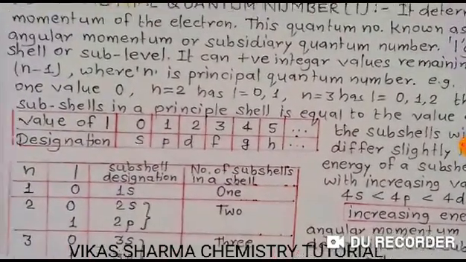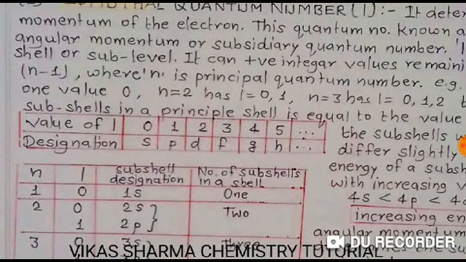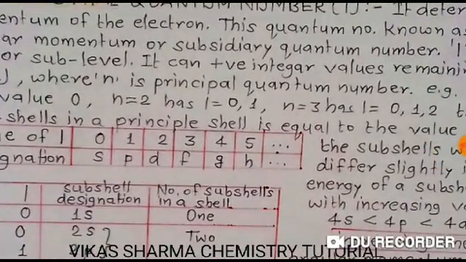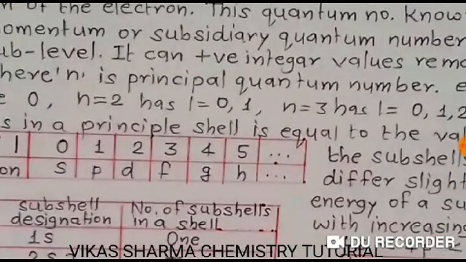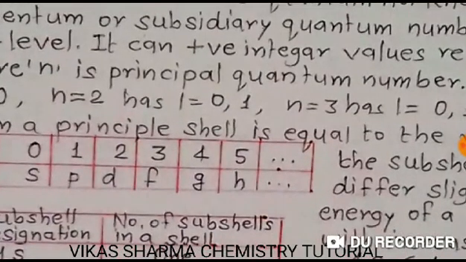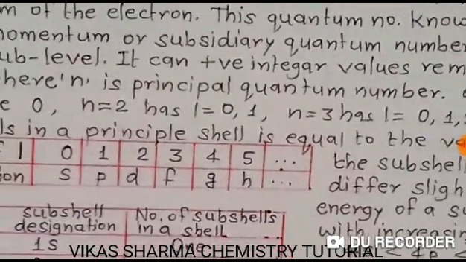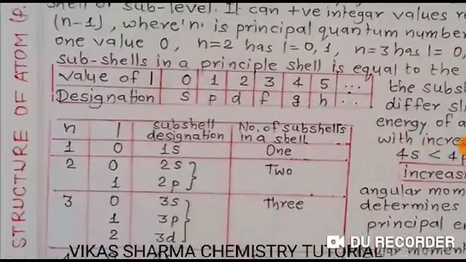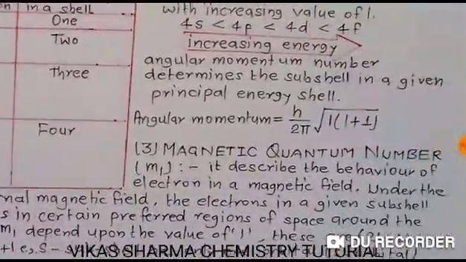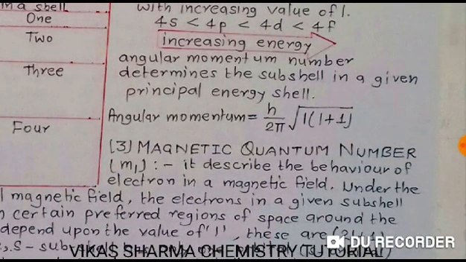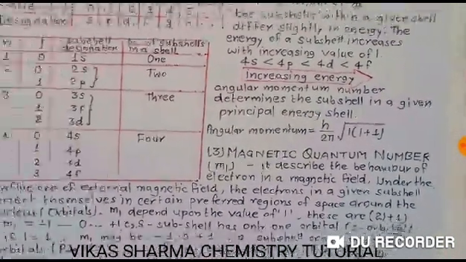The designation is 0, 1, 2, 3, 4, 5. 0 belongs to the s subshell, 1 belongs to the p subshell, 2 belongs to the d subshell, 3 belongs to f, then 4, then 5. Students, if you have seen, the angular momentum number determines the subshell in a given principal energy shell. Angular momentum is equal to h upon 2 pi times the square root of l into (l plus 1).